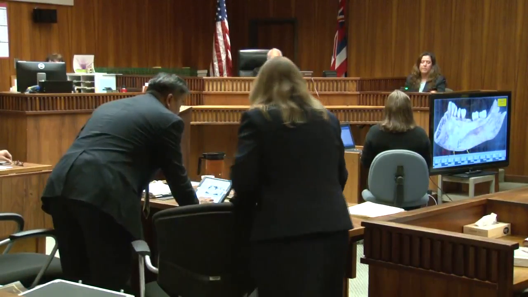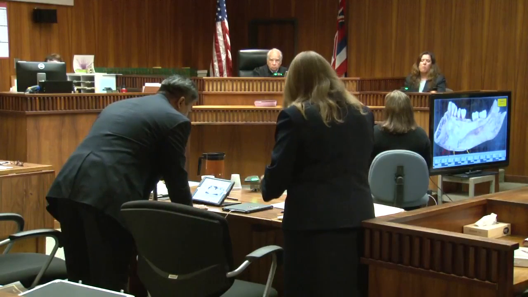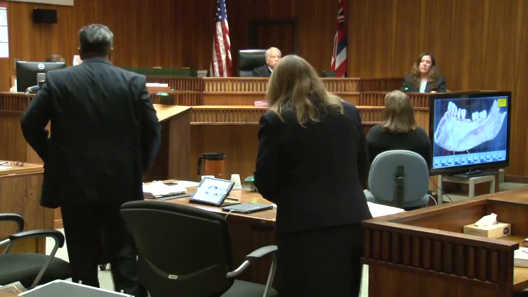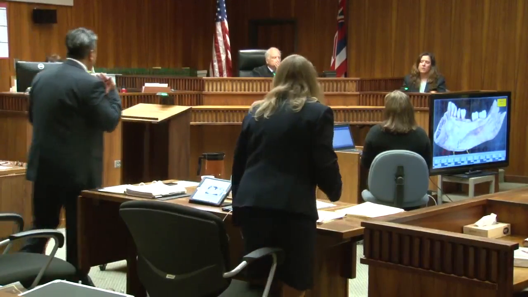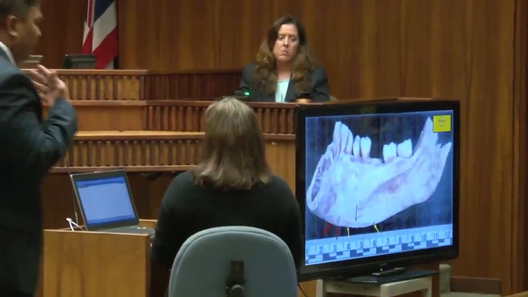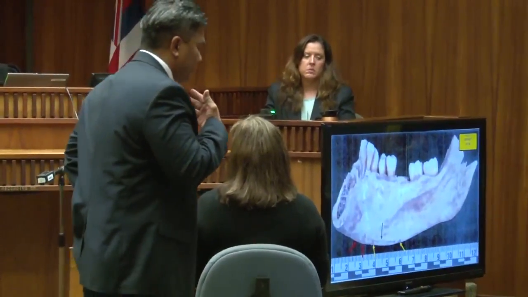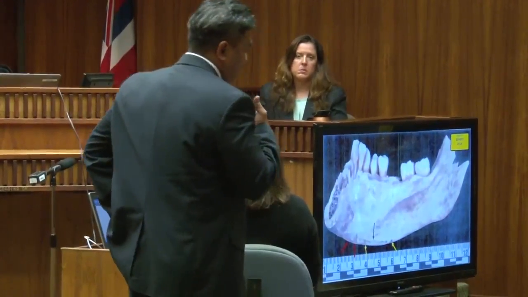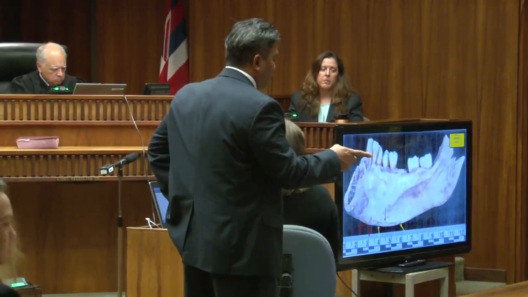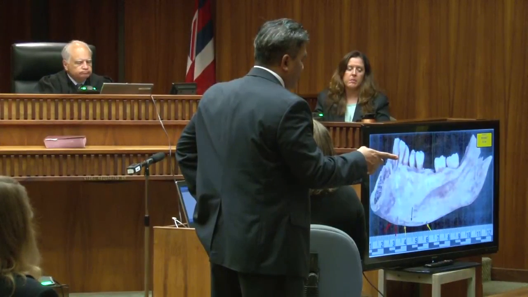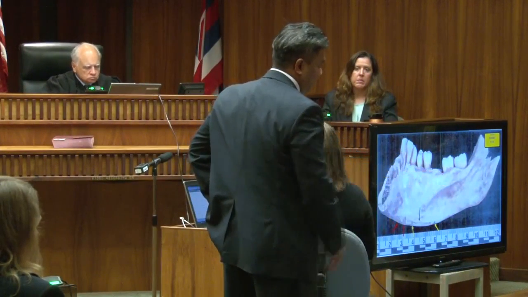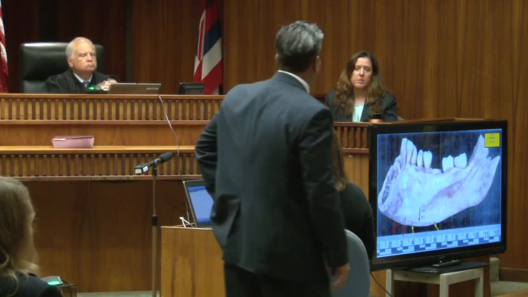Before we move off this topic, showing you what's in evidence as State's Exhibit 411A, referring to the inner portion of the right mandible or right jawbone. Based on your training and experience as a forensic anthropologist, are you able to tell us from which direction the instrument would have entered to cause the marks that we see here in State's Exhibit 411A?